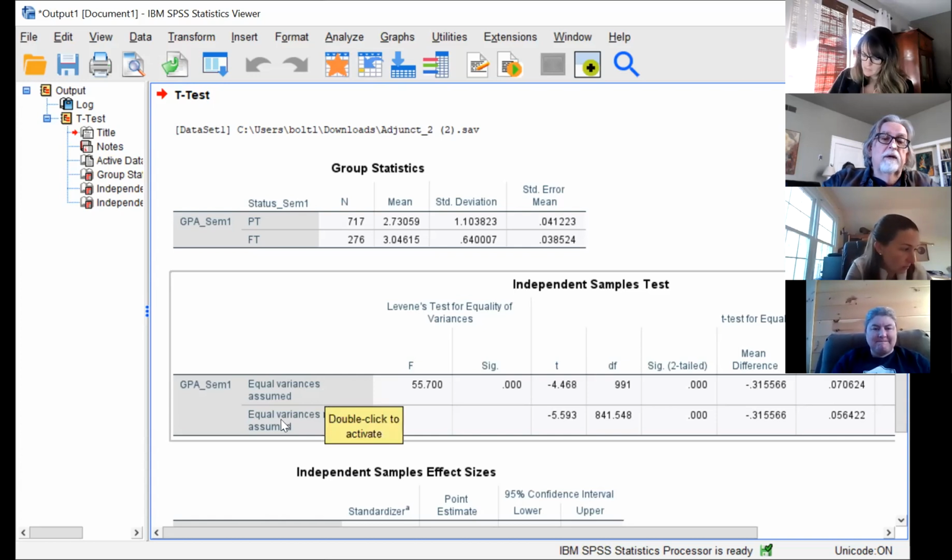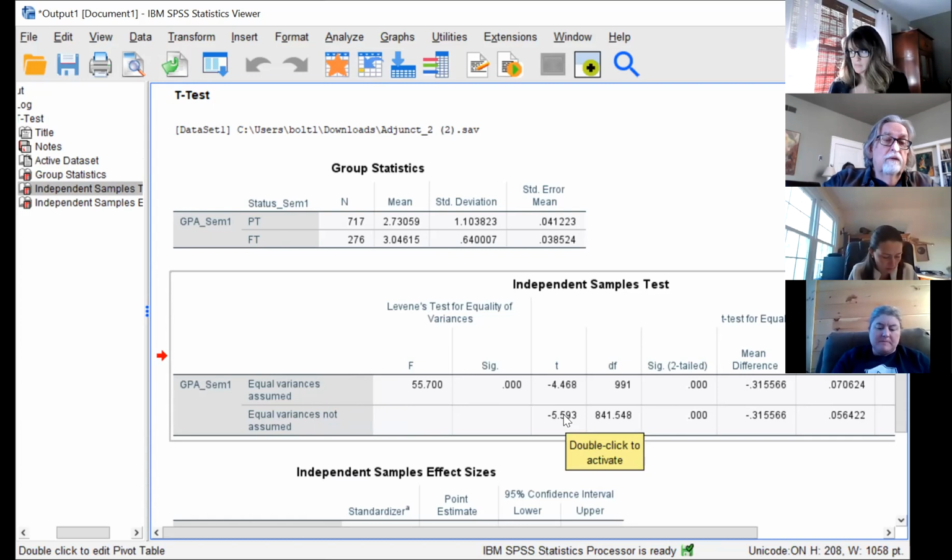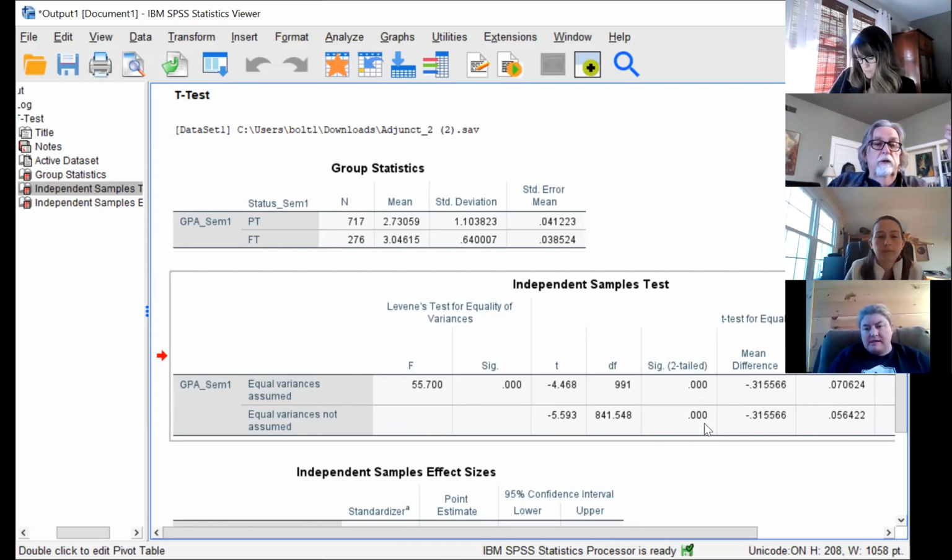And so it makes some allowances for that and has corrections that it uses in the formula to calculate what in essence looks like a t-test. And so it gets a different t-value. But if you notice, the significance level stays the same or is relatively the same. It's not exactly the same. We just don't calculate beyond 0.000.